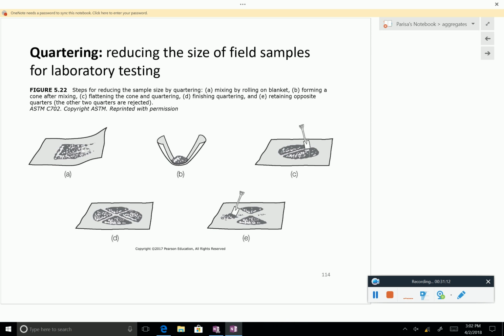So you make a half, you make the half again, and then you take one part to the lab. The idea is that you want your sample to represent what is in your stockpile. You don't want to take just one part from one side of the stockpile, which is not representative.